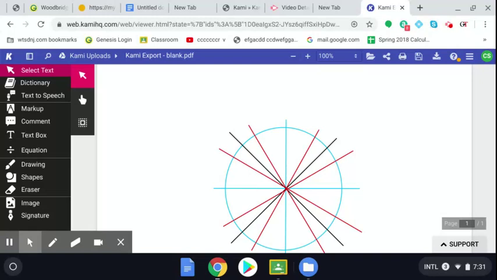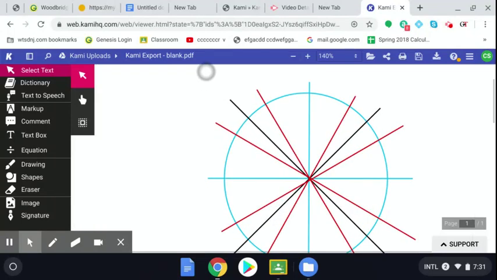Okay, so in part one of the unit circle, we explored how to determine the measure of the angles in radians and in degrees. So now we're going to look at sine and cosine. What we need to do is memorize the measures for the first quadrant.